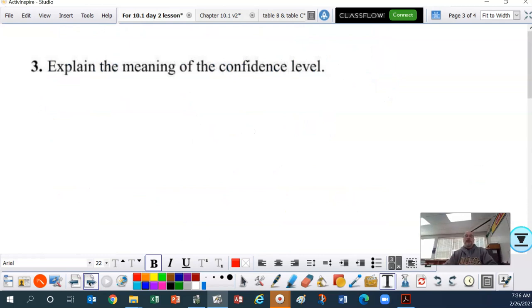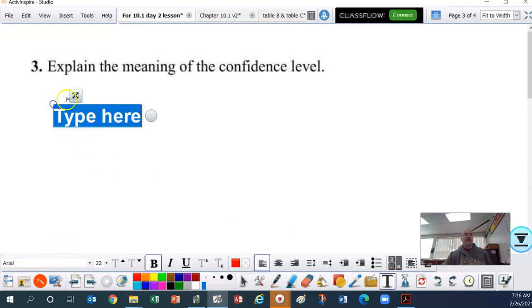Okay, let's wrap this up, ladies and gentlemen. Number 3, explain the meaning of the confidence interval. So here we go again.